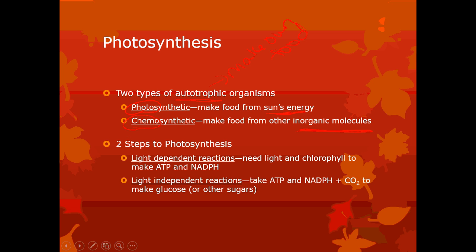So chemo, think chemistry. They're using some kind of chemicals to make their own food rather than light energy. Usually we find these things in deep oceans where there is no light. And so the bottom of the food chain, the autotrophs, are not photosynthetic, they're chemosynthetic.